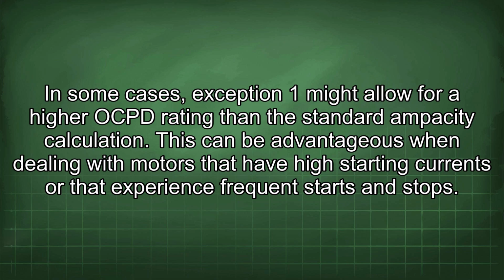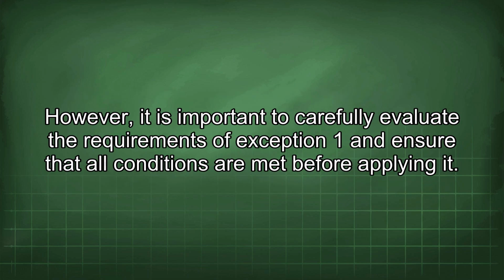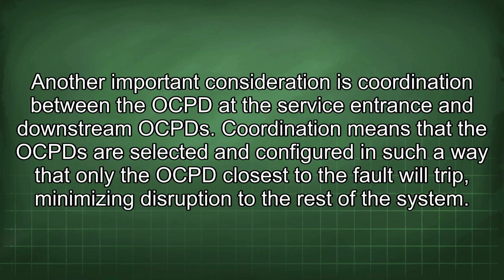This can be advantageous when dealing with motors that have high starting currents or that experience frequent starts and stops. However, it is important to carefully evaluate the requirements of exception 1 and ensure that all conditions are met before applying it.